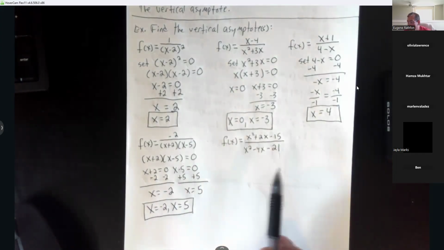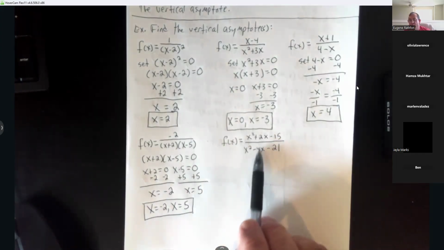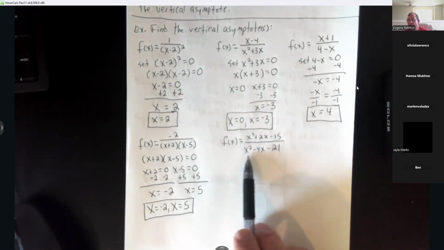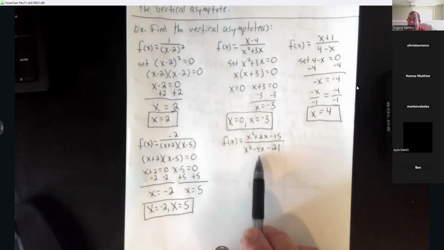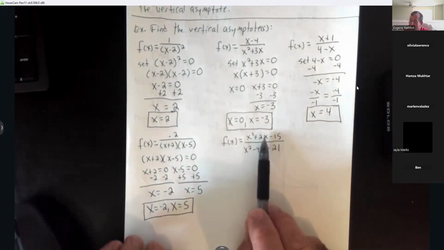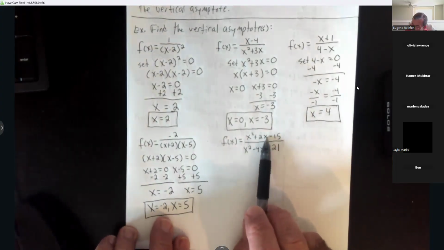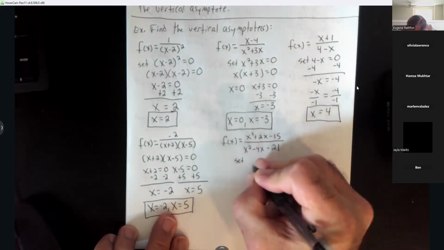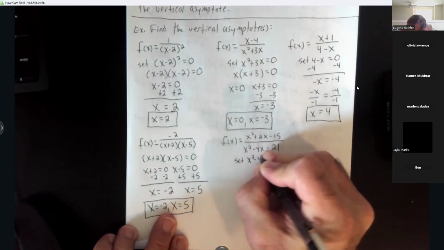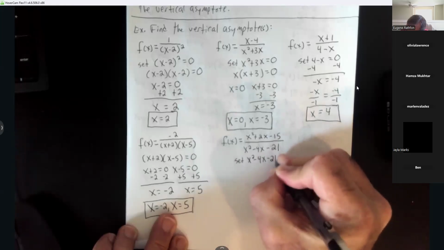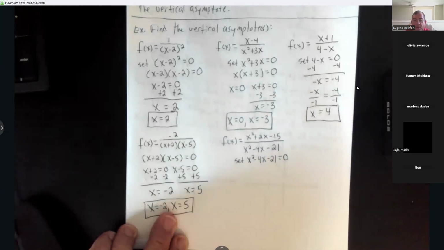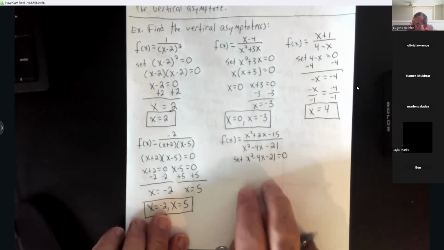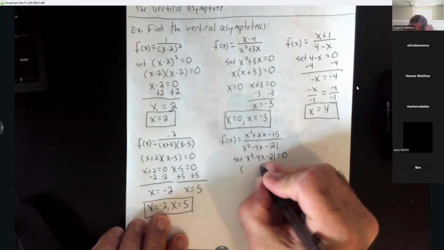So y'all, this one, it's possible I'm going to have to factor the top to make sure it don't cancel with any of my factors on the bottom, okay? So we will have to check the top on this one. So first, let's worry about the bottom. Set x squared minus 4x minus 21 equal to 0. Let's find these two values we're worried about first.